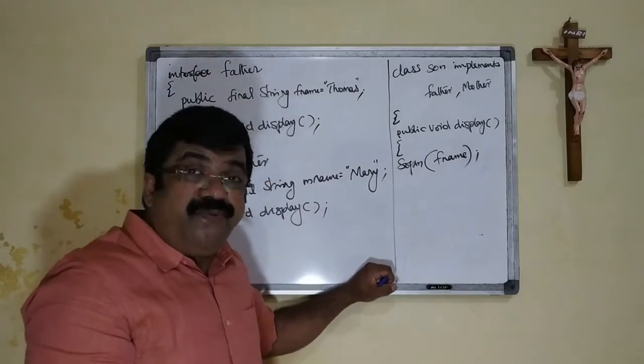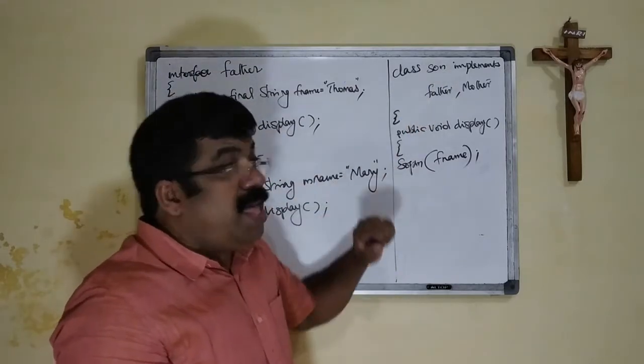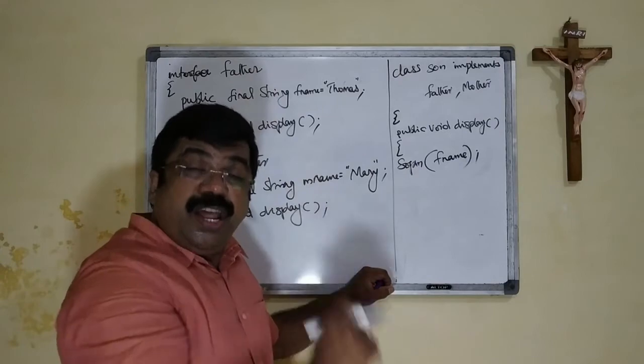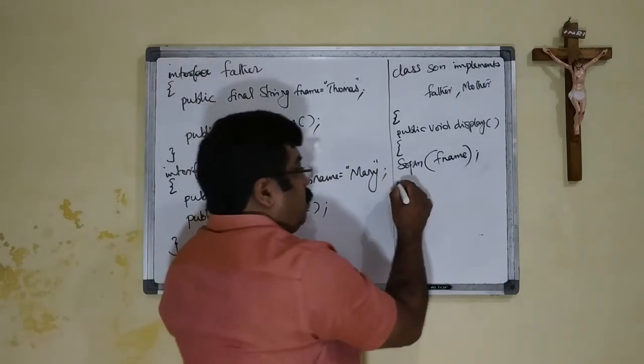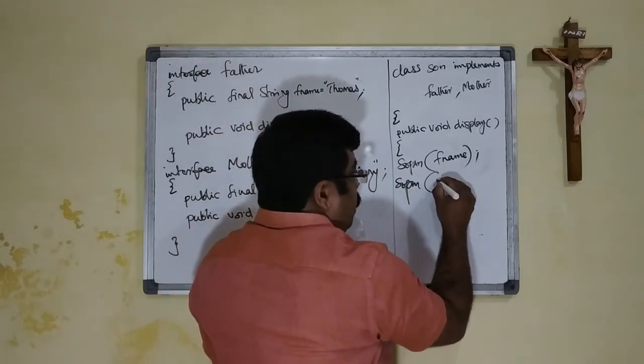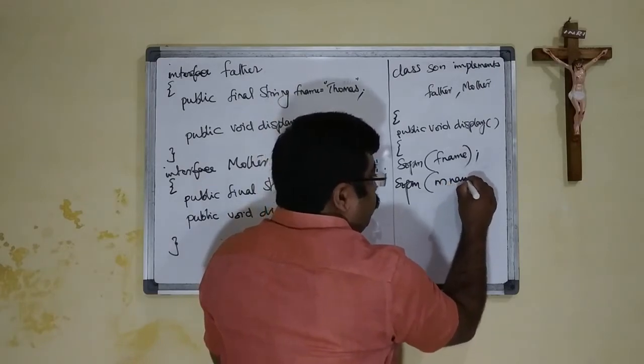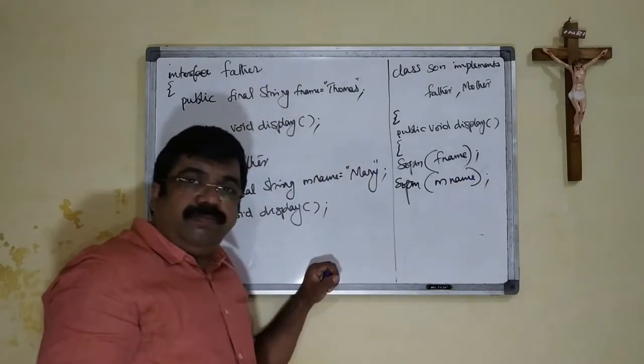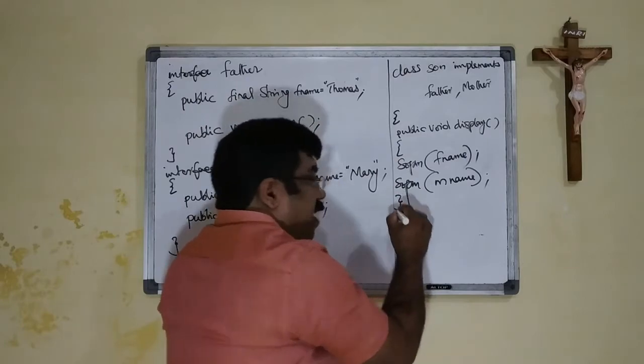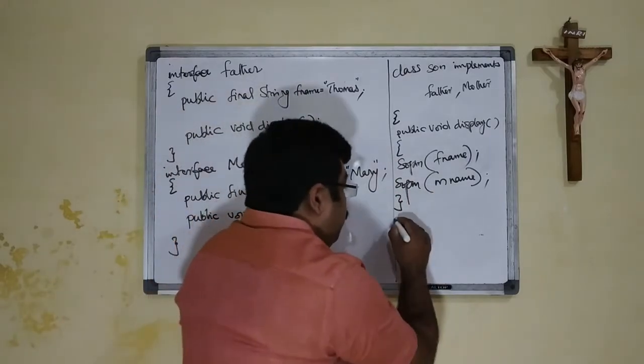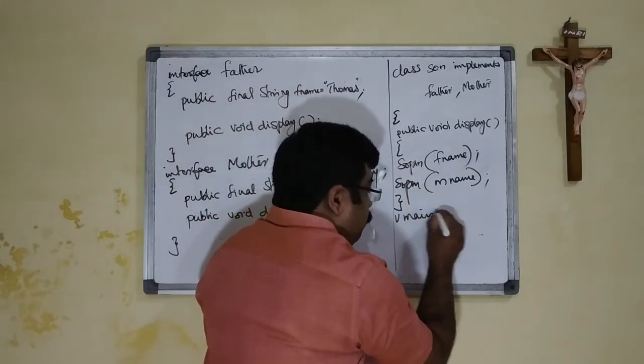From where did you get the fname? It is coming from the interface father. Then System.out.println mname. Okay, close that bracket. Write the main.